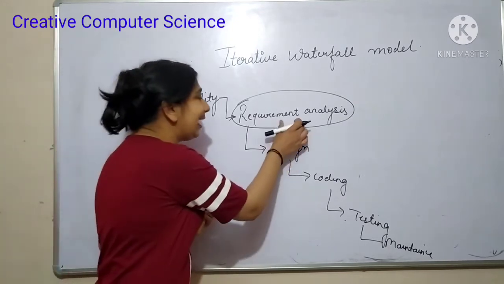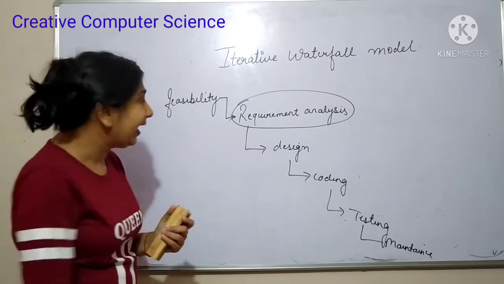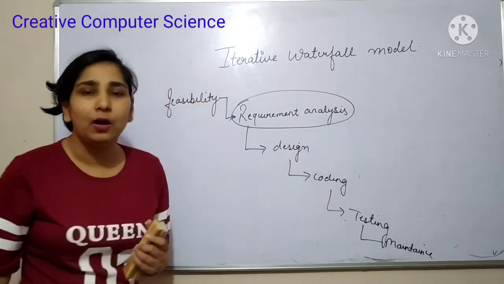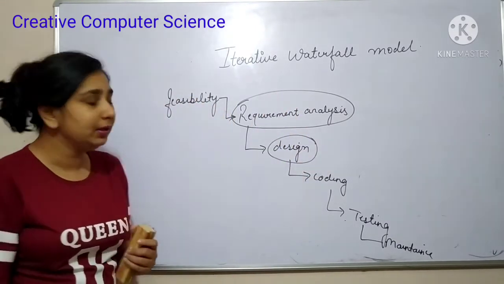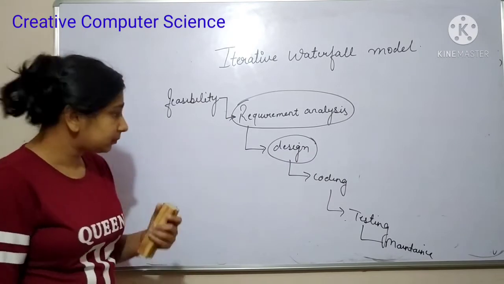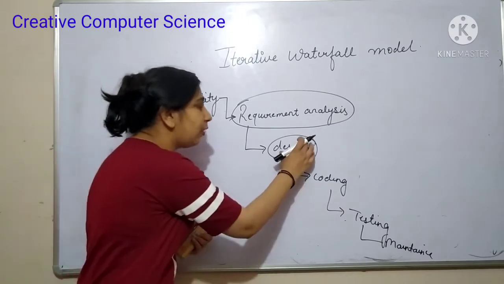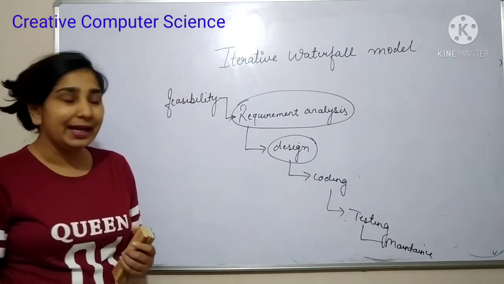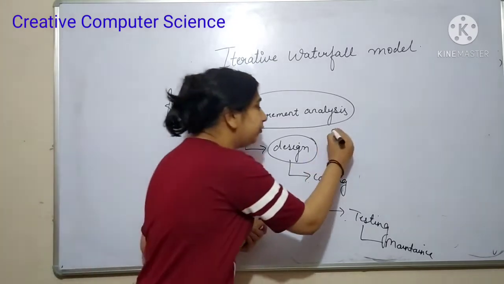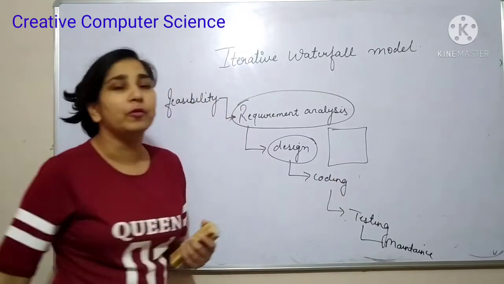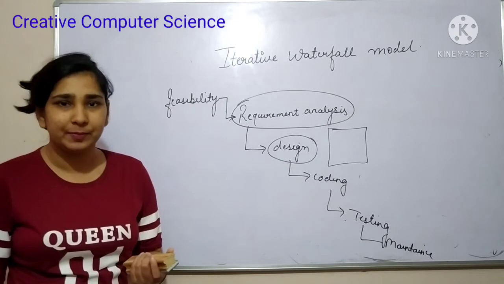Once you have collected all of your requirements, now you will be designing your product. You will make graphical diagrams for your software product. You will see your complete software product in the form of diagrams, in the form of data flow diagrams, or in the form of ER diagrams.